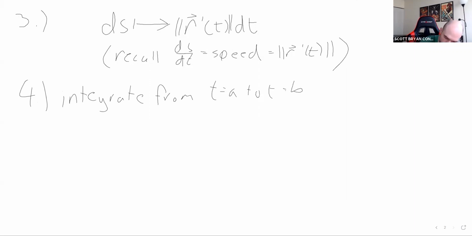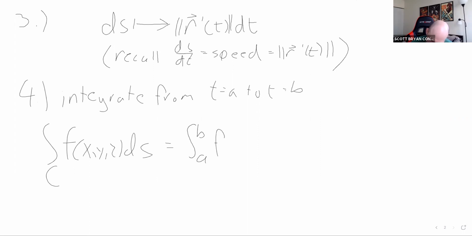So we have the integral over the curve c of the function f of x, y, z with respect to arc length is, if we parameterize c by the vector function r of t, t goes from a to b, the integral from a to b of, you replace x, y, and z with their parameterizations in the function, and then ds becomes magnitude r prime t dt.